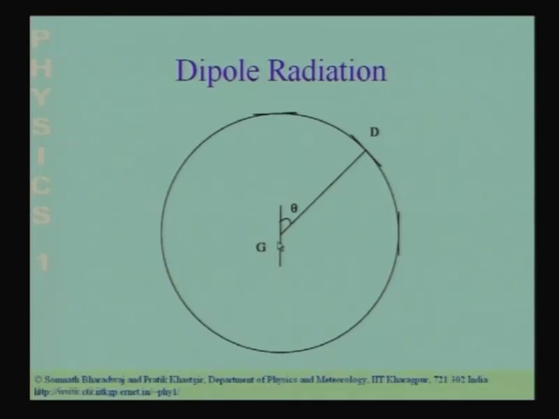So, when the electric field from the generator falls on a dipole located over here, D, if the electric field is aligned with the dipole, it will produce a voltage across the dipole, and this will cause a current to flow in this dipole.